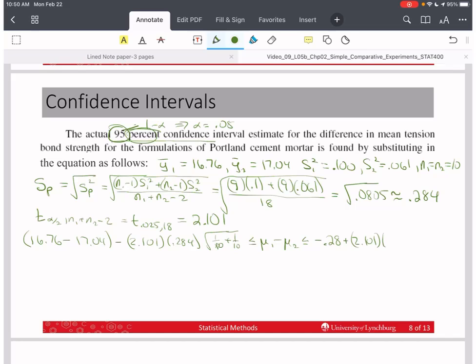2.101, 0.284, and square root of 0.2. Once we find this quantity, we know this quantity because they're the same.